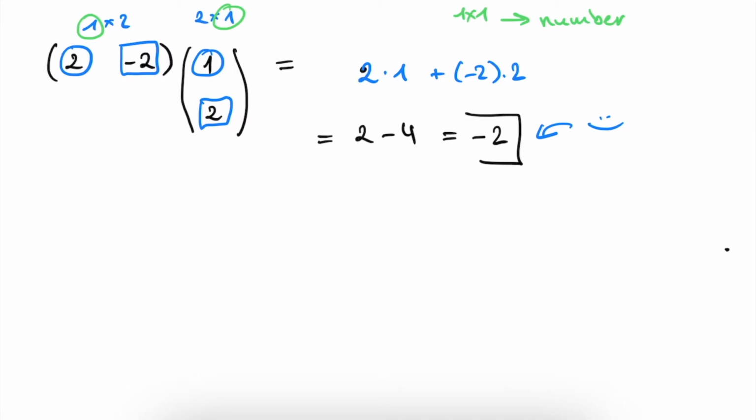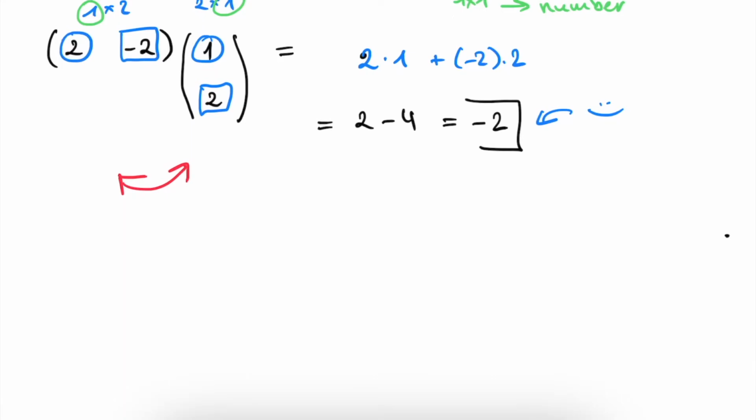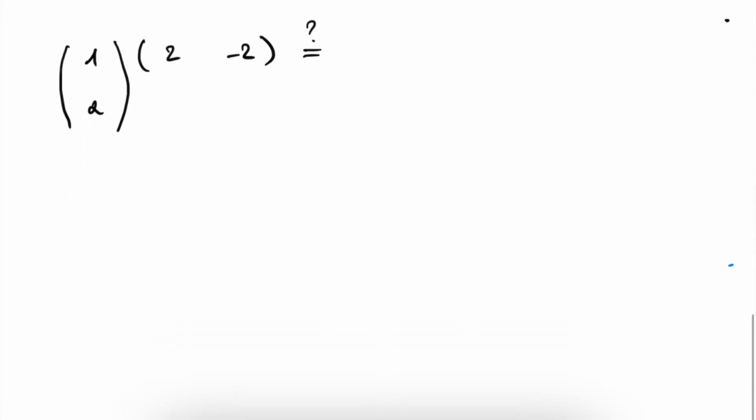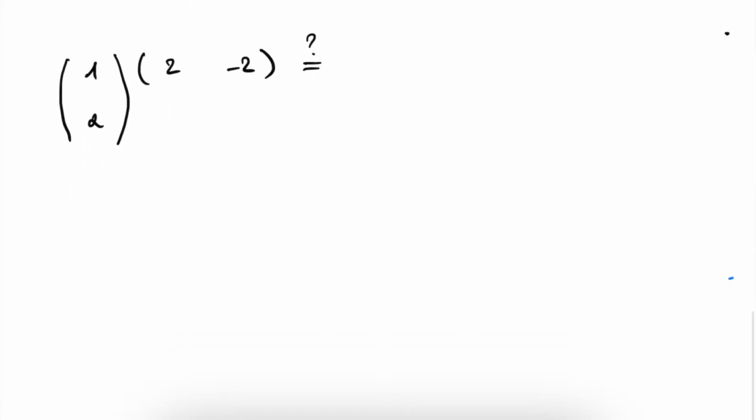And what we'll try to do here is see what happens if we swap those two around. So what happens if we try to multiply the matrix 1, 2 with the matrix 2 and minus 2? So what is the result of this one? Well, as a first step, we identify the shapes of these matrices to see whether we can even make this multiplication.